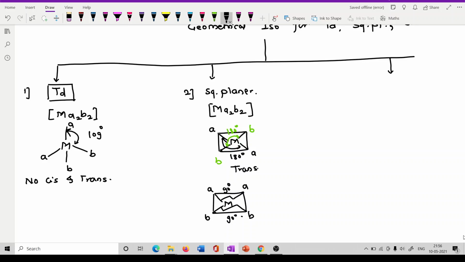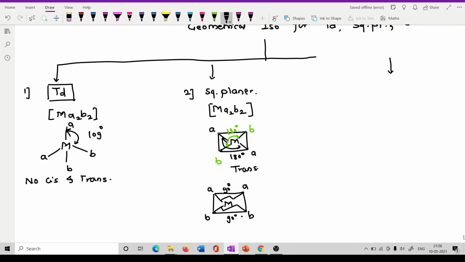The third class of compound is octahedral complex. Let's take the example MA4B2.